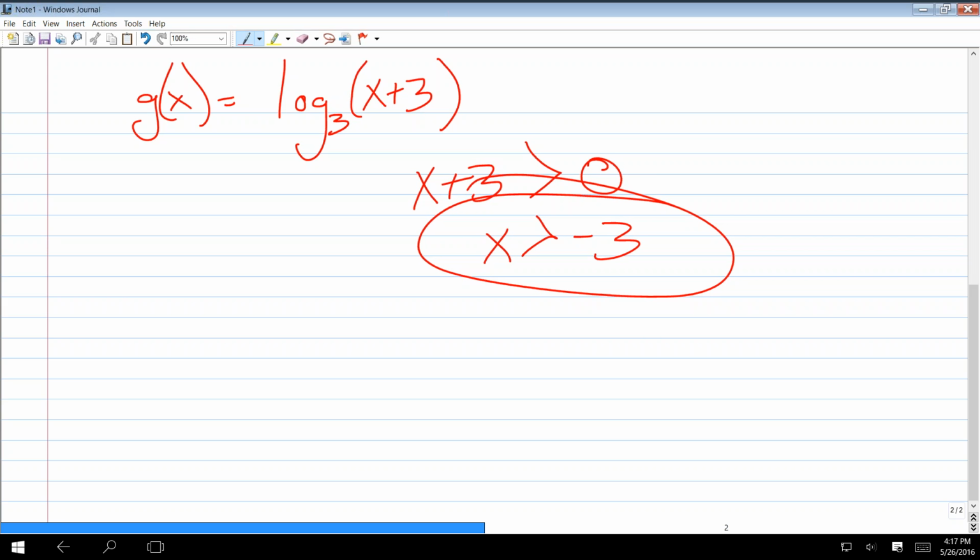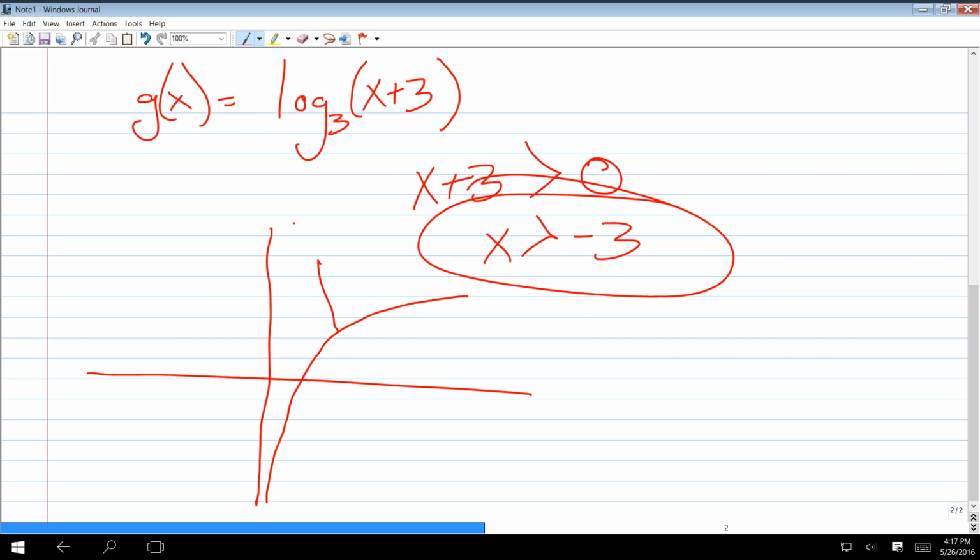Okay? Now let's talk about graphing it. If I graph the natural log function, it looks like that. In other words, that would be y equal natural log, and now let's talk natural log. That's what that curve is. And it goes through a specific point that is 1, 0.